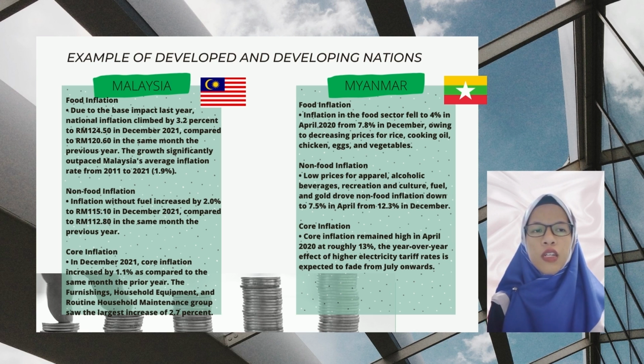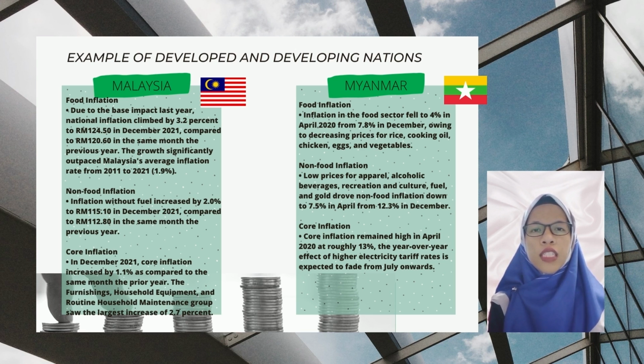While in Myanmar, low prices for apparel, alcoholic beverages, recreation and culture, fuel and gold drove non-food inflation down to 7.5% in April 2020 from 12.3% in December. And the last type of inflation is core inflation.